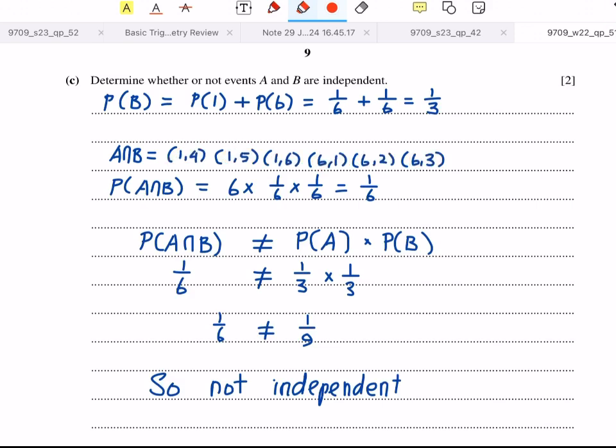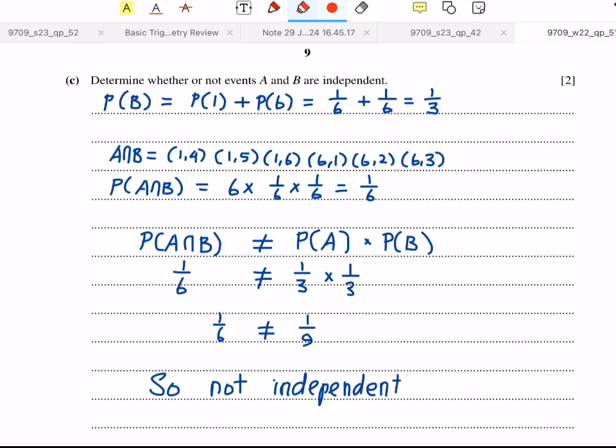Each outcome here has uniform probability 1/6 times 1/6, and there are 6 outcomes, so we just multiply by 6. So the answer is again 1/6.